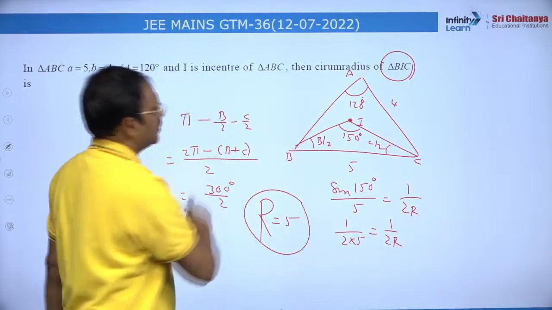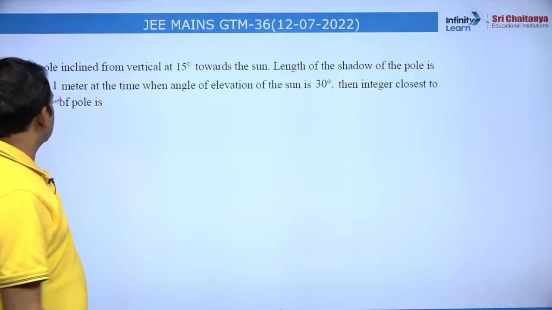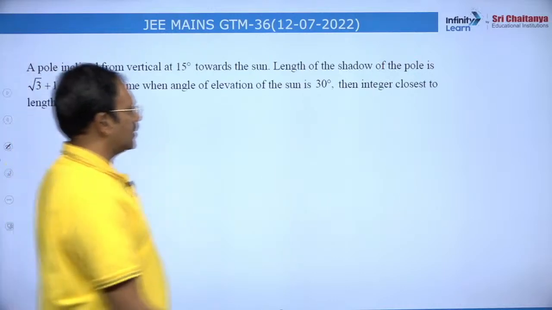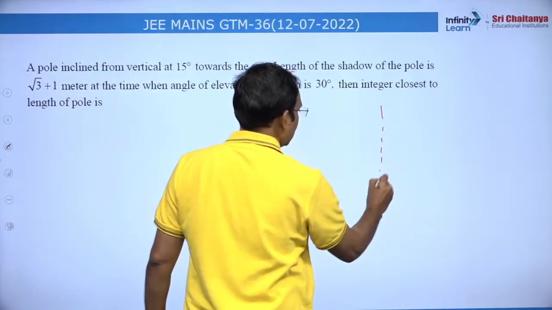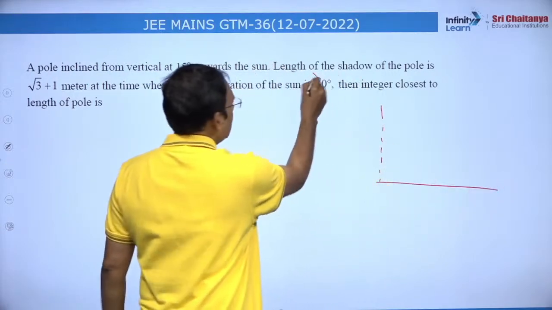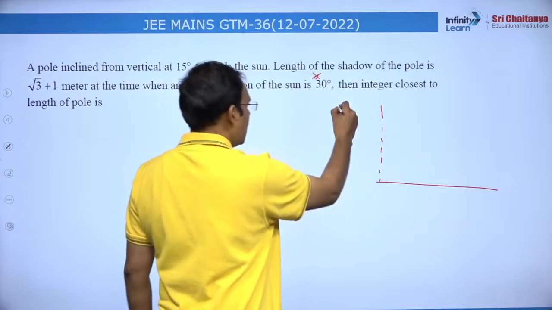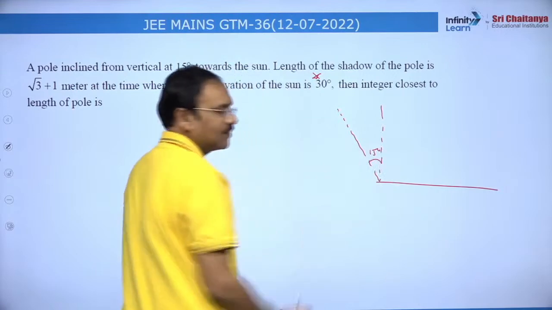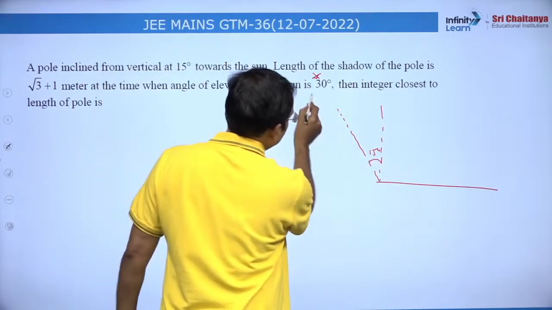Okay. Next, you see this is the pole inclined from the vertical at 15 degrees. Suppose, friend, this is the vertical, this is the ground, the sun is here, actually the rays come here, but actually it is inclined by 15 degrees here. Okay. Sun rays come from here.